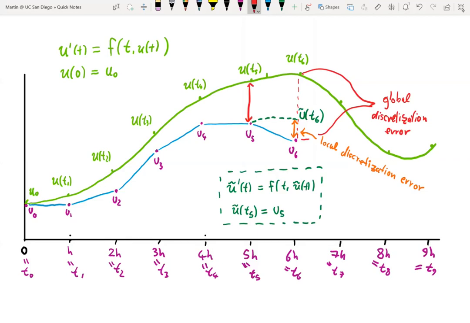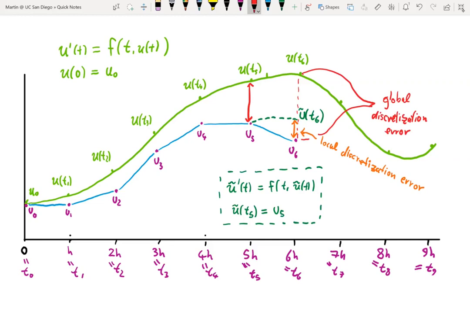I can use that to get an estimate for the difference of u at time t6 and u tilde at time t6. As I recall, u and u tilde satisfy the same differential equation, but at t5 they have different values, of course. We can think of u and u tilde as Cauchy problems starting at t5, and only the initial values differ.